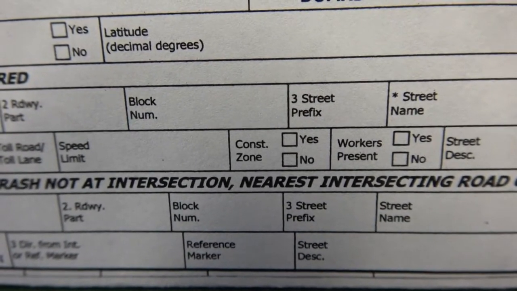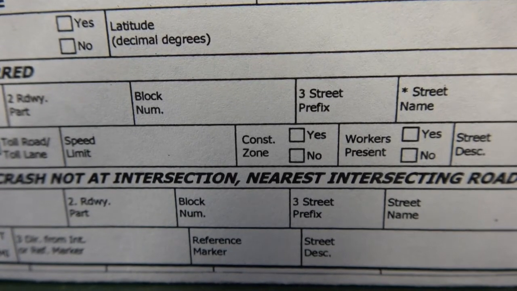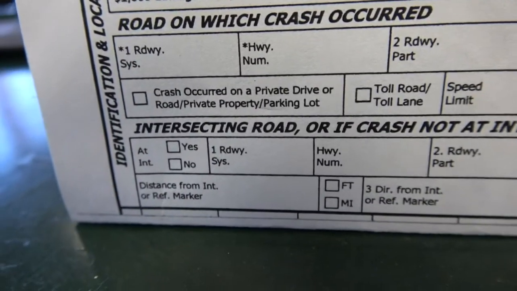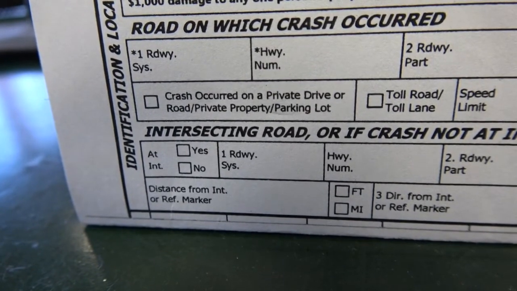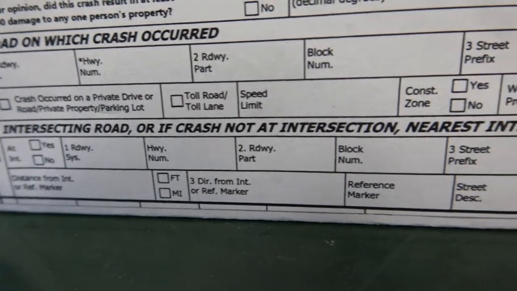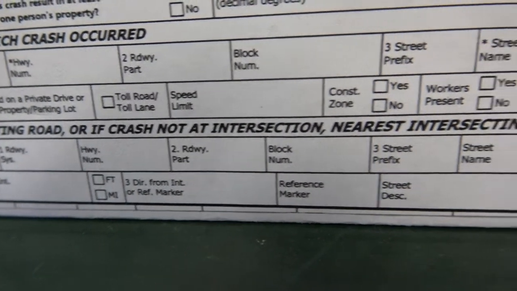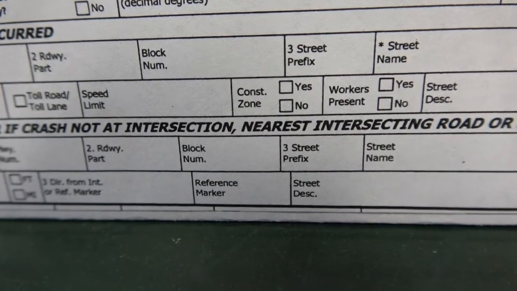If you're more comfortable with doing it, U.S. highway, breaking it down like we have been for a street, yeah, that's okay too. It just might save you some time if you'd rather not. Toll road, we won't use. Speed limit, put the speed limit of the parking lot or the street. Construction zone, be sure and mark these.